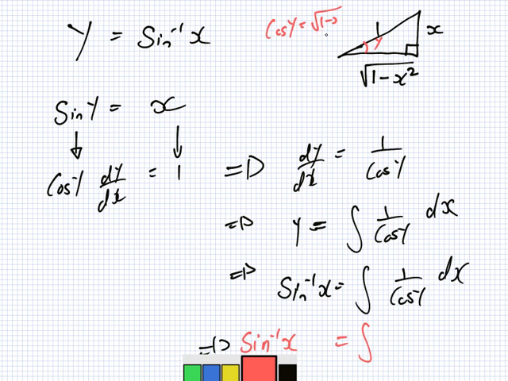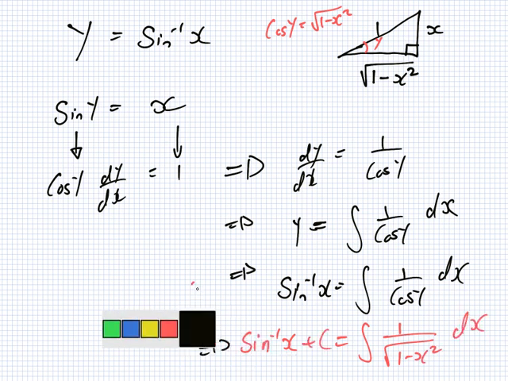So cos y is just root 1 minus x squared. So we end up with this result, that if we integrate 1 over root 1 minus x squared, we'll get sine inverse. So this is another integration of a trigonometry, resulting in a trigonometry function. It's just like the tan inverse one, except it's with a root and with a minus, we'll make a sine inverse.